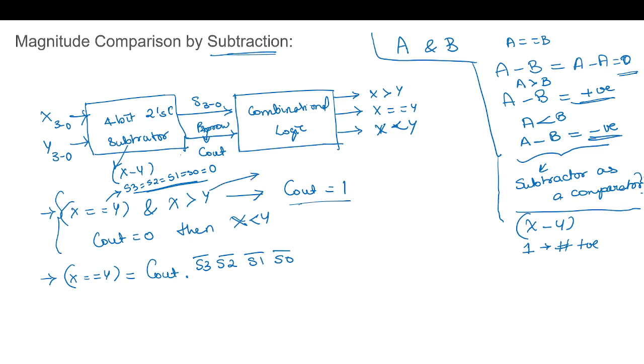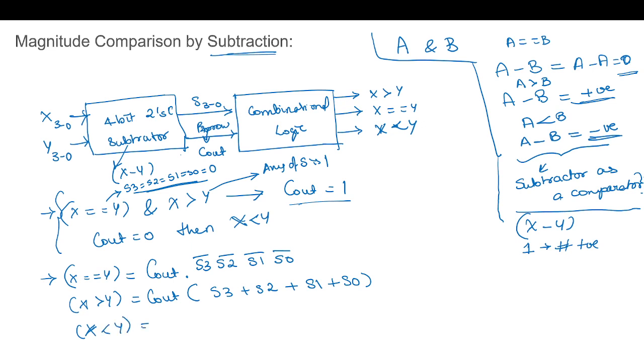The next condition: when X is greater than Y, Cout is 1 and any of the S is 1. So S3 or S2 or S1 or S0. And when X is less than Y, we have no carry. So this is the combinational logic which will give the comparator results by using the subtractor results.